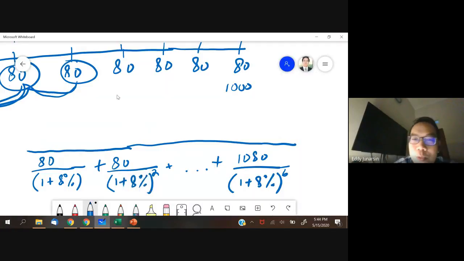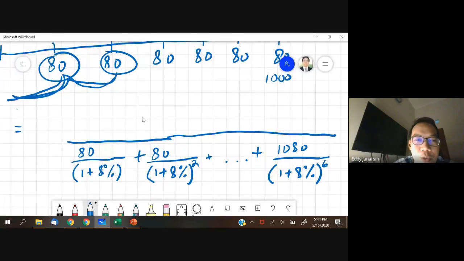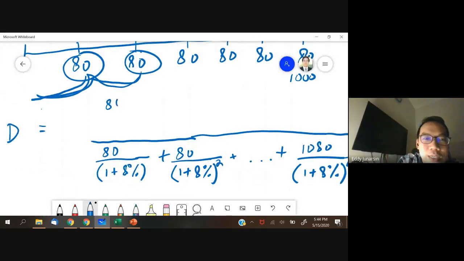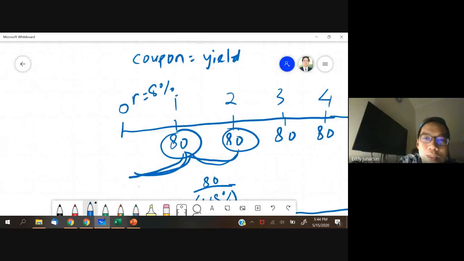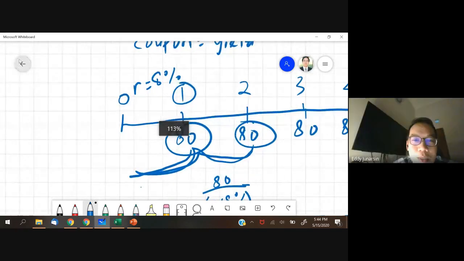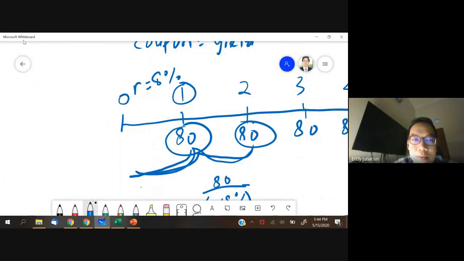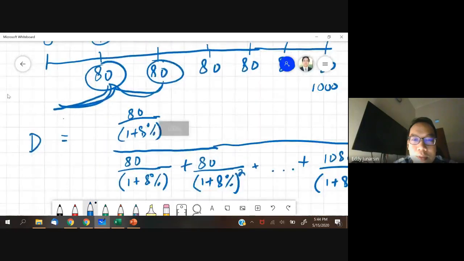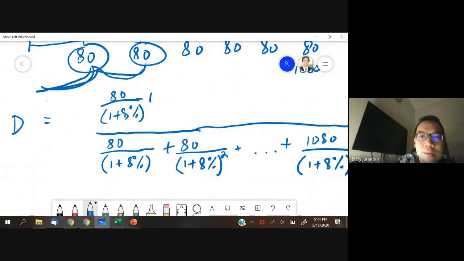So what is the numerator? The numerator is 80 divided by 1 plus 8% to the power of 1, multiplied by the real time here. What is the real time for this one? 1, yes. Plus, and so forth, right?